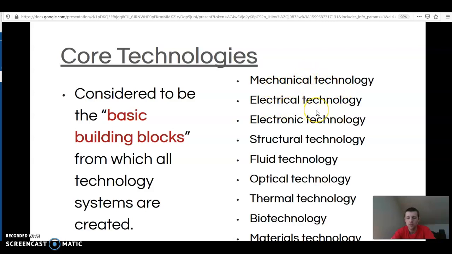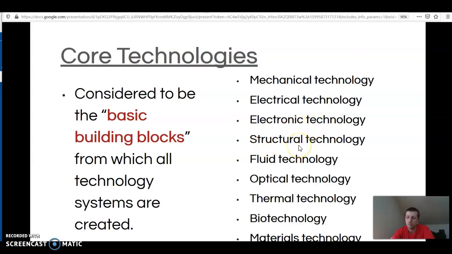Electrical, so something that uses electricity in a passive manner, such as a light bulb, your toaster, things like that. Electronic technology is anything that has a microchip in it. So any kind of computer, calculator, anything that is using electricity in a more sophisticated manner to perform logical tasks.